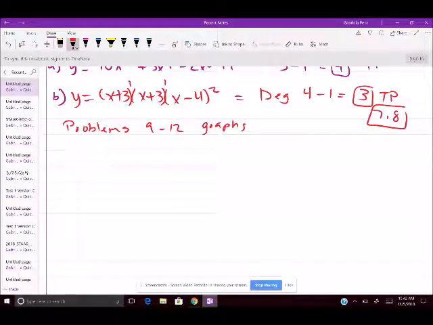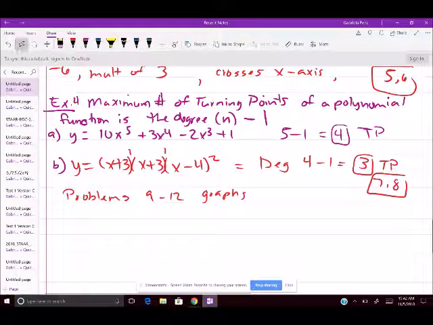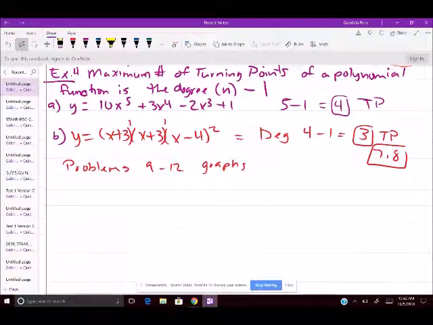But the last example, example number 5. That's the one you missed right there, so leave a couple of lines.